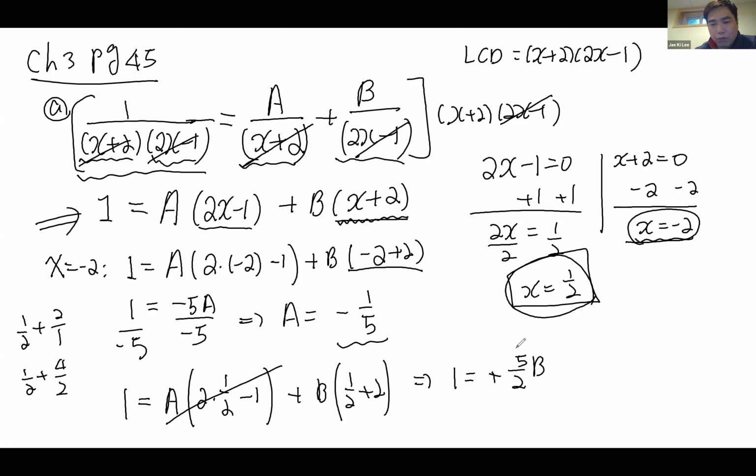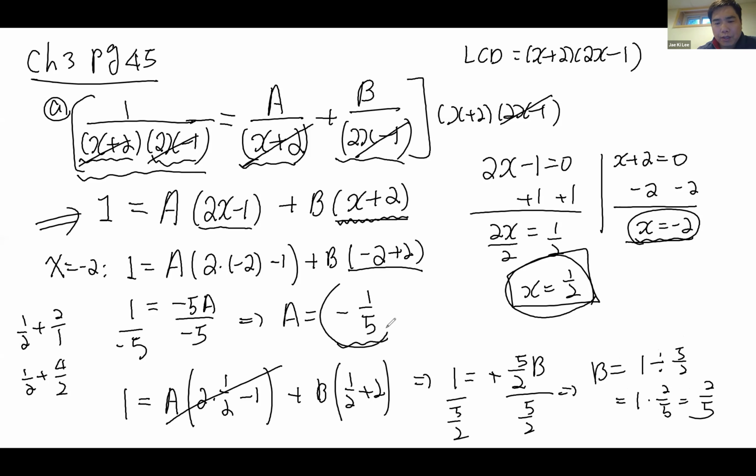Now to get rid of this, divide by 5 over 2, then B becomes 1 divided by 5 over 2. So this becomes 1 multiplied by 2 over 5, which is 2 over 5. So we found A equals negative 1/5, B equals 2/5. So we replace here in this equation.